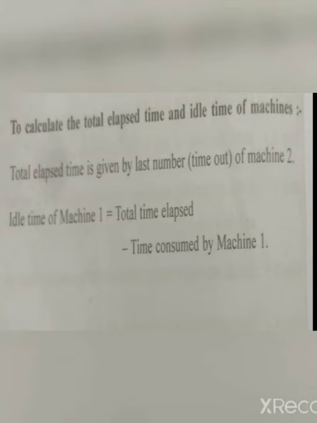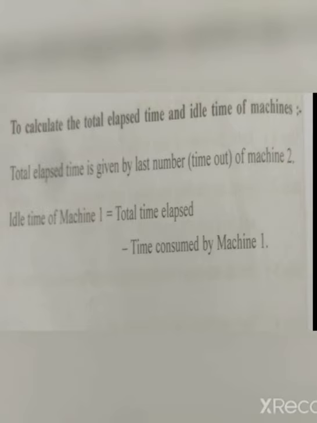So idle time of machine 1 is equal to total elapsed time minus total time consumed by machine 1. That is the total processing time of machine 1. This will be calculated from the problem itself. If all 5 jobs are given, and similarly durations are given, you have to find the total processing time for machine 1, and similarly for machine 2. So we get the result.